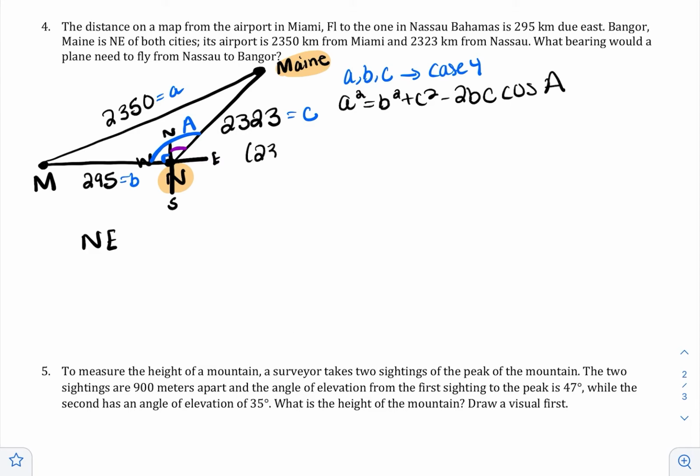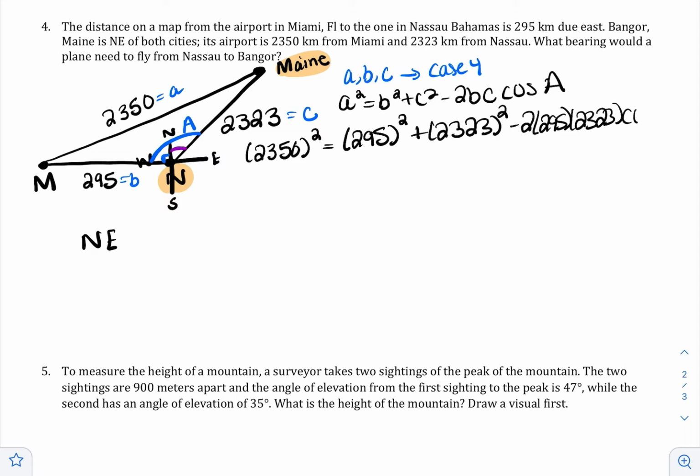So I have 2,350 squared is equal to 295 squared plus 2,323 squared minus 2 times 295 times 2,323 times the cosine of A. So I need to bring both of these over by subtracting them.